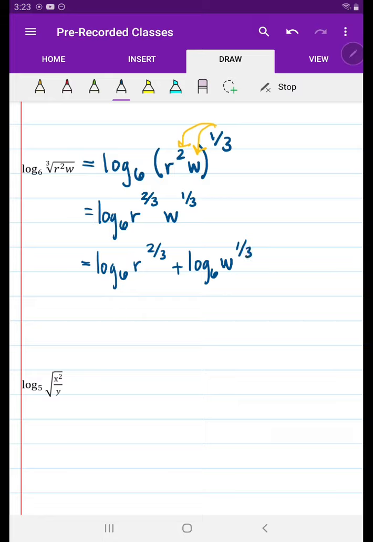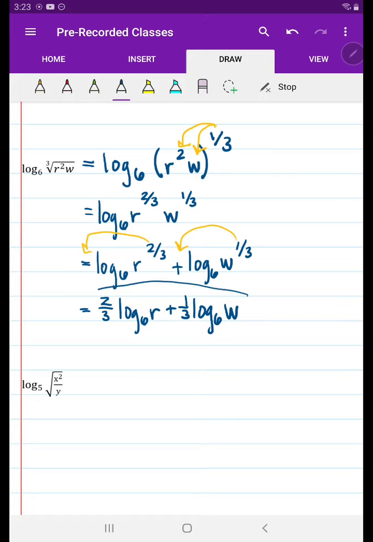So I've separated those with addition, so now I can take those exponents and turn them into coefficients, and those will go in front of each log. And so if I do that, I'm going to have 2/3 log base 6 of r plus 1/3 log base 6 of w. And so here's my answer there, and I'm all done.